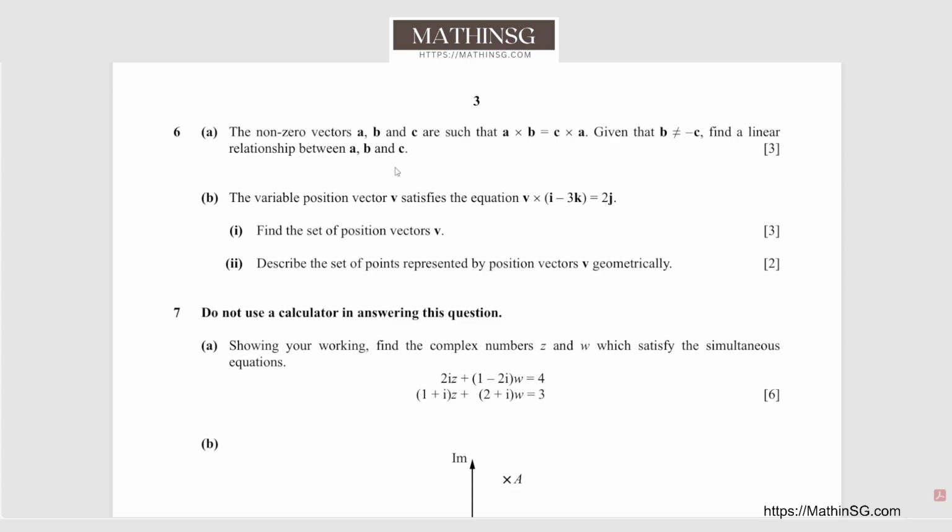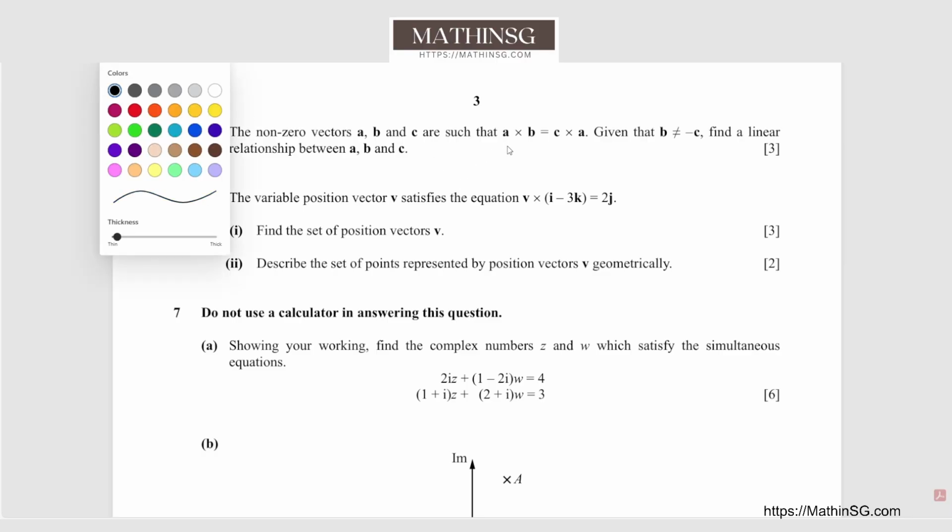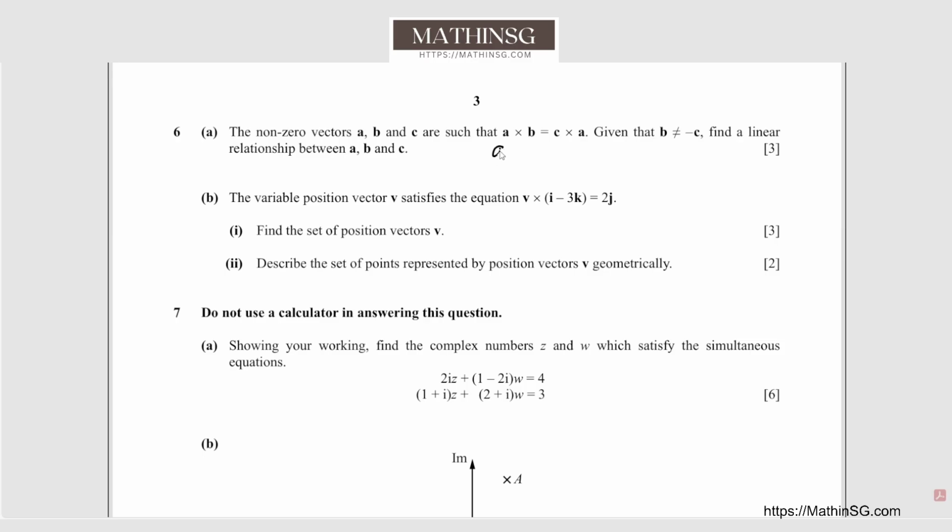For such a question, both of them contain a, so what we can do here is move a all to one side. So I have a cross b minus c cross a equals 0. The next thing I know is that for cross product, c cross a is not equal to a cross c, but rather they are opposite vectors.